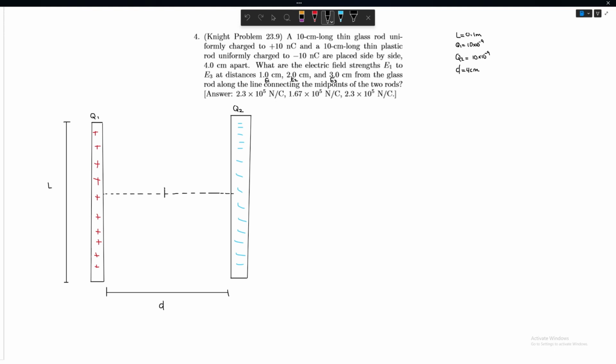And so we're going to go here at, what should I name this? X, at X, and here we're going to say X equals 0.04, just to stay consistent with meters, and this is 0.02 meters.